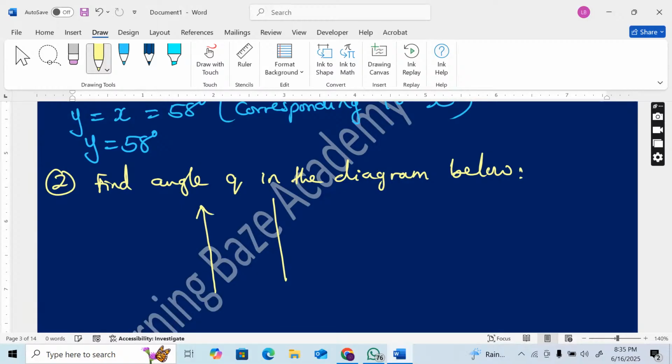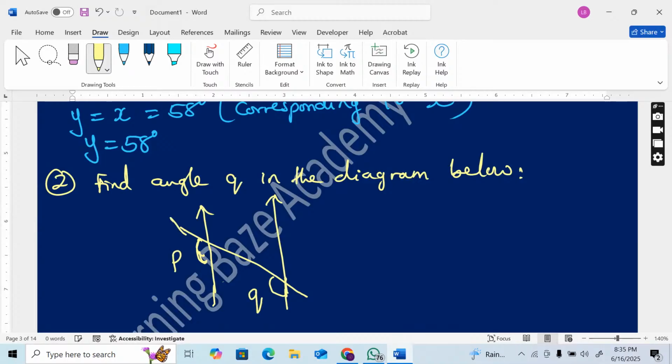So these are my two parallel lines. This time they are facing up, and this is the transversal. For this side, this is angle Q right here. I'll need to find angle Q. I have angle P right here.